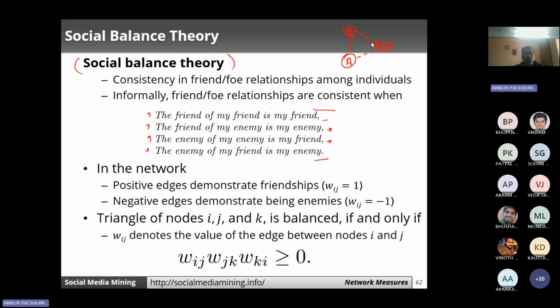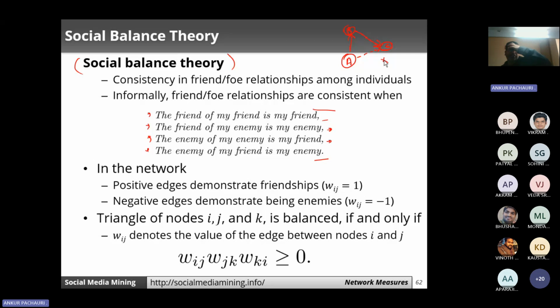Is this consistent? No. A is my friend B, but B is also a friend of my enemy. So whatever I say to him about C will directly be conveyed to C. So this relationship will not be consistent.